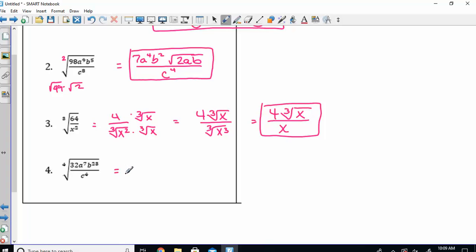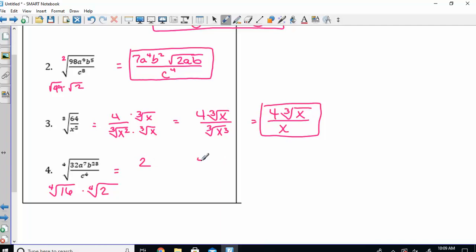All right, number 4, the 4th root of 32. Does that work out evenly? No. So we need to break it down. Okay, it's a 4th root, so I need something to the 4th power that would divide 32. 16 and 2.